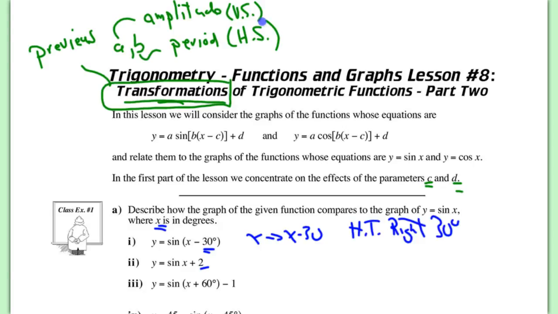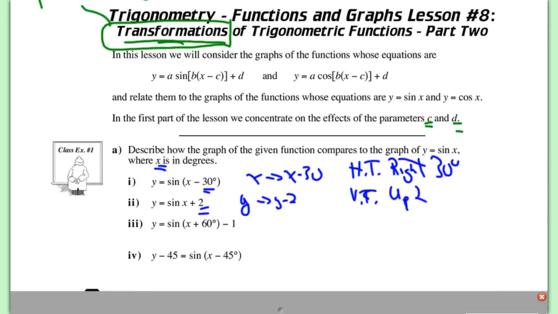We can see that y has been replaced with y minus 2, so that clearly means this has been vertically translated up by 2.